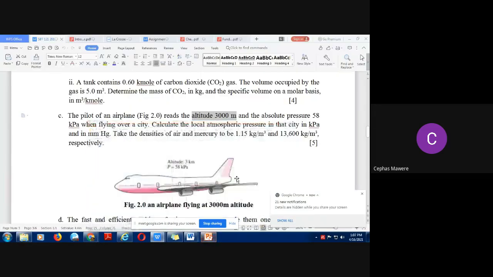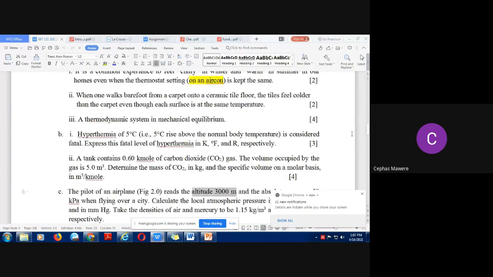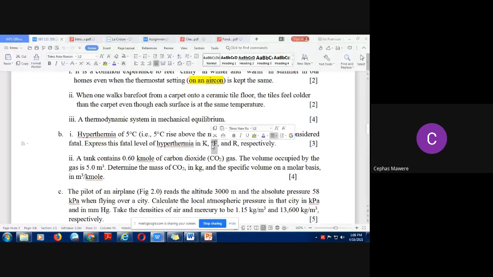Let me give an illustration. Okay, we also have this situation where we are saying hyperthermia, which is an increase above normal body temperature, usually by at least 1 degree Celsius. So in this case, hyperthermia of 5 degrees Celsius is considered fatal. Express this fatal level of hyperthermia in kelvins, Fahrenheits, and Rankines. So it means that in kelvins it is 5 kelvins.